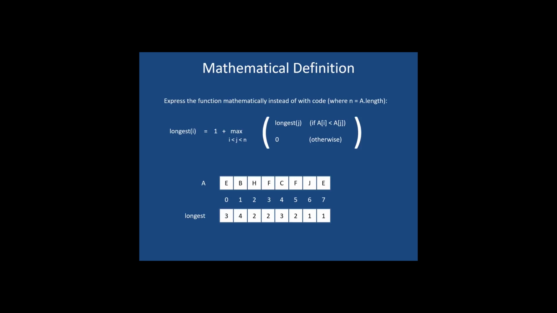So this just summarizes what we're doing down here. It tells you, find the max for every index between i and n of this expression right here. So that's traditional dynamic programming that someone from the 50s, say, would recognize as dynamic programming.